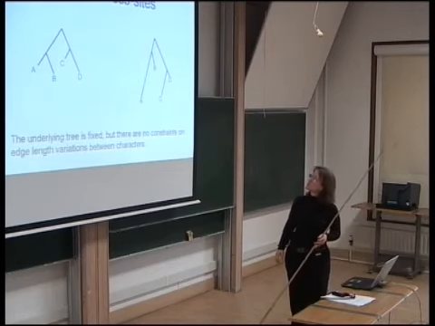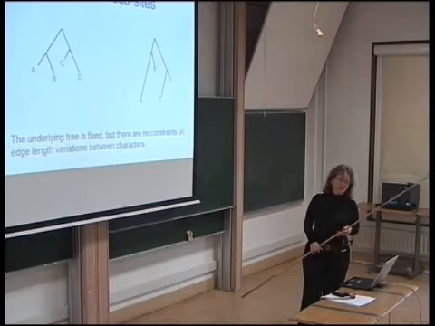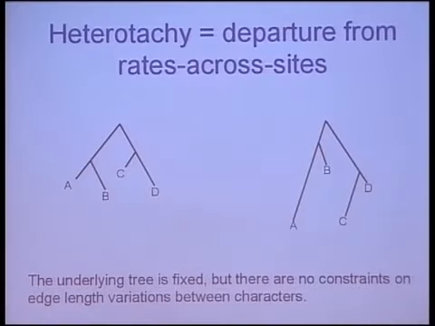Heterotachy, which for us is the departure from the rates across sites assumption. So this is getting towards the no common mechanism model of Tuffley and Steele. If you have one character that evolves like this and another character that evolves like that, then each is not just a scaled up or down version of the other.